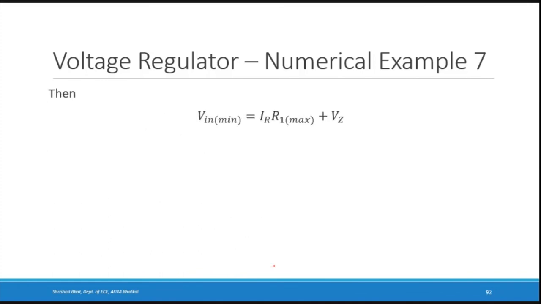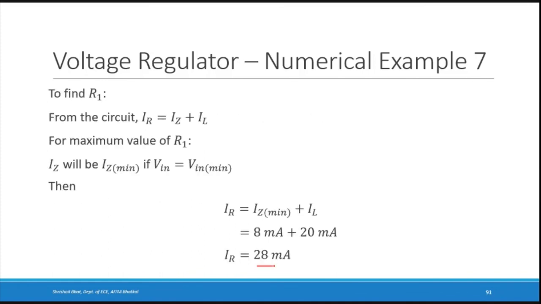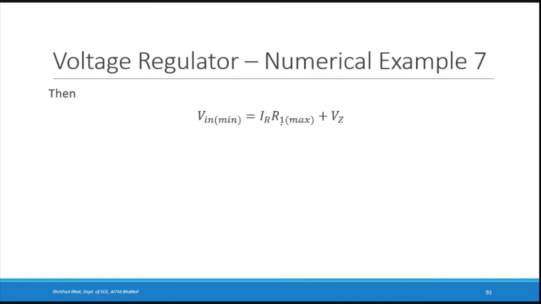Sorry, for this minimum value of IR, you are supposed to find the maximum value of R1, that is R1 max. So Vin min is equal to IR into R1 max plus VZ. This is the voltage drop across R1 plus the voltage drop across the Zener diode. If you rearrange this, you get R1 max is Vin min minus VZ divided by IR.